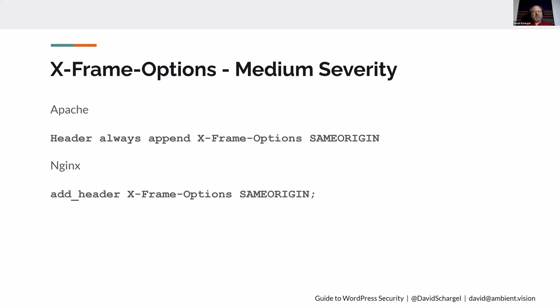Facebook can display on my website, that's okay, no one else can. Only people coming from the exact same origin, the same website, can do it. Some people even put the word deny, D-E-N-Y, in place of same origin, just a little bit more aggressive. Medium severity to that one compared to the previous one, which is a high severity one.